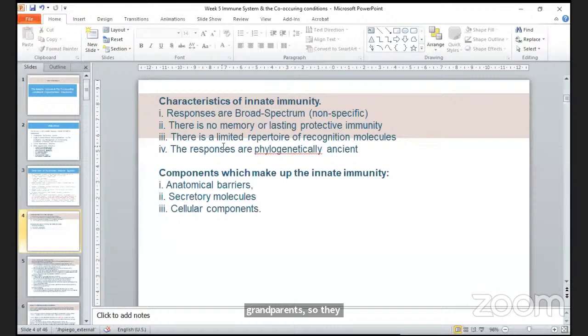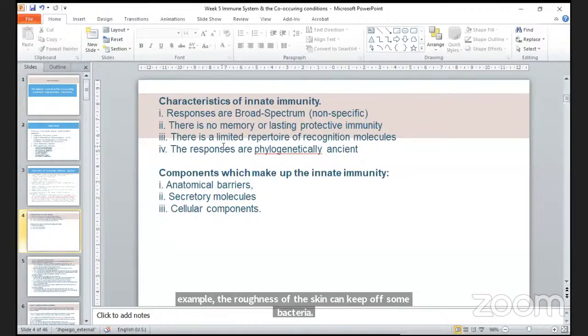So what are the components of the innate immunity? We have anatomical barriers, secretory molecules, and cellular components. Again, I'll not go so deep into this. When we talk about anatomical barriers, for example, the roughness of the skin can keep off some bacteria or some disease-causing organisms.